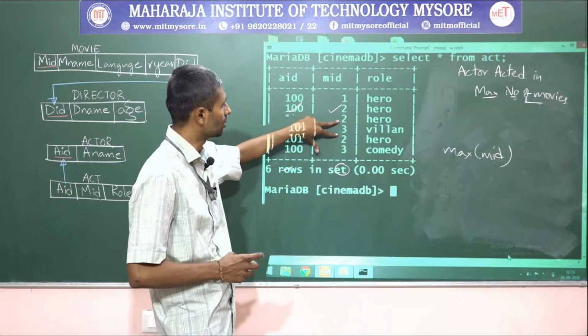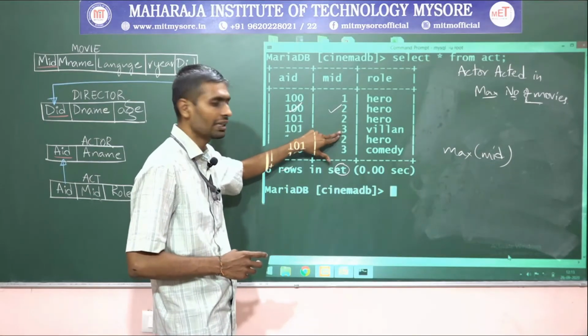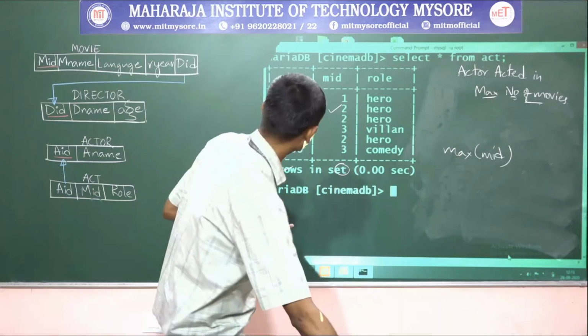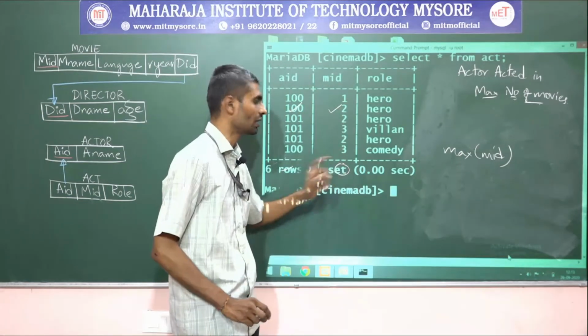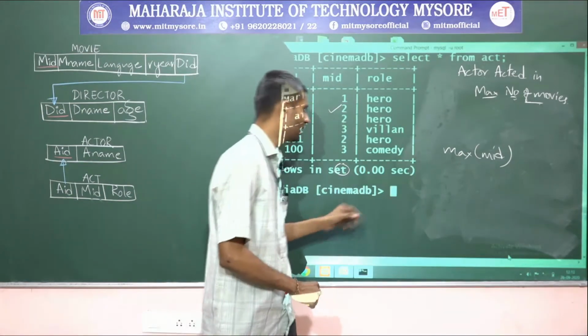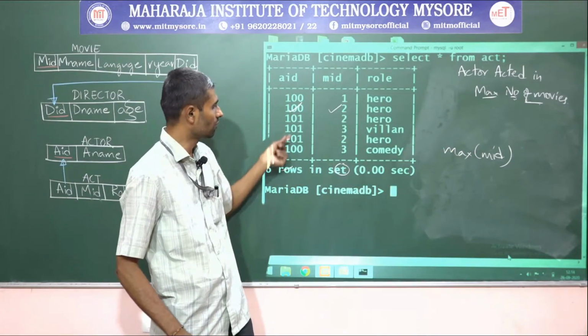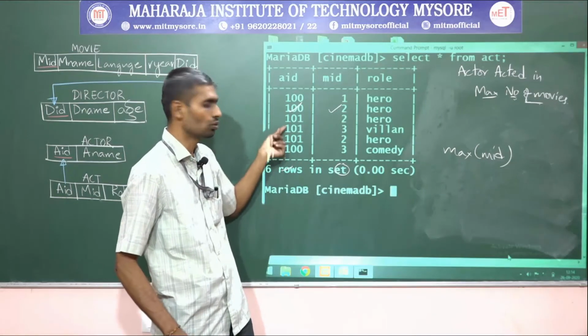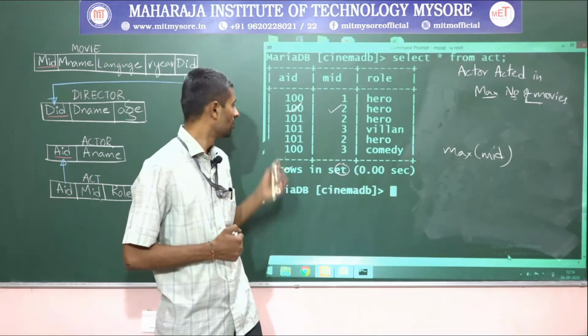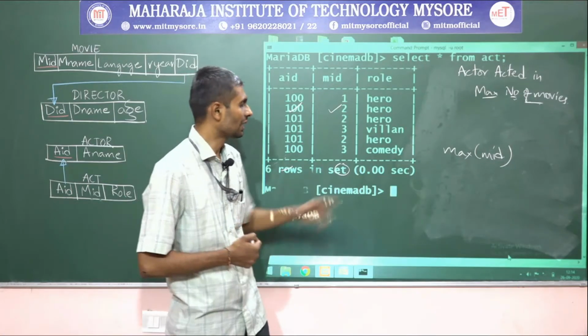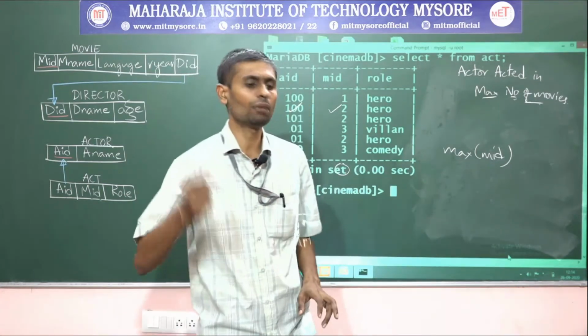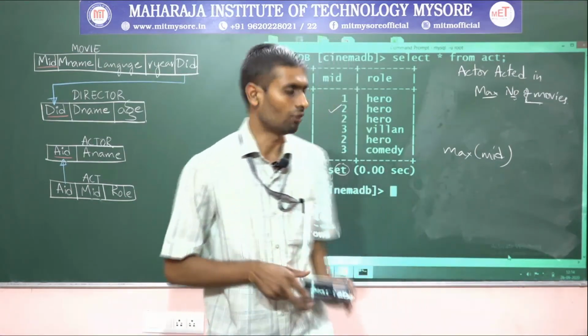So 101 with 2 and 3 indicates 101 acted in 2 movies, and 100 acted in 1, 2, 3 movies. But when I say max of MID, it picks 3, and 100 and 101 are both connected with 3, so it displays both 100 and 101 as the answer. Actually we don't want the maximum of MID value, that we don't want. What we want?